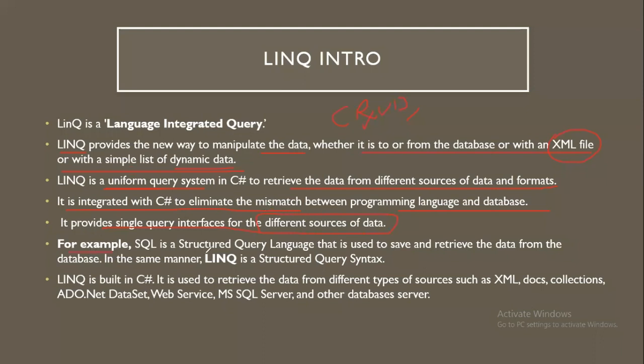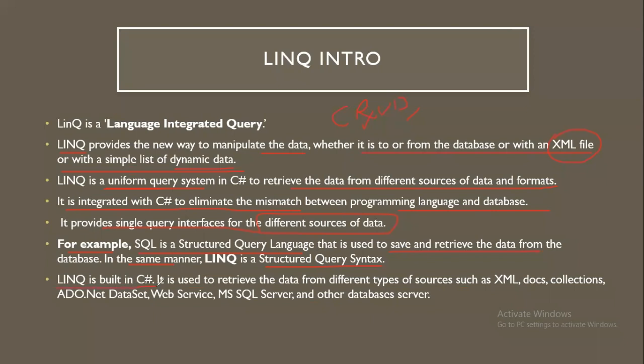For example, SQL is a structured query language that is used to save and retrieve data from a database. In the same manner, LINQ is a structured query syntax also. But it is a uniform query structure, not like SQL. SQL is not a uniform query structure. The query structure will differ from one database to another.